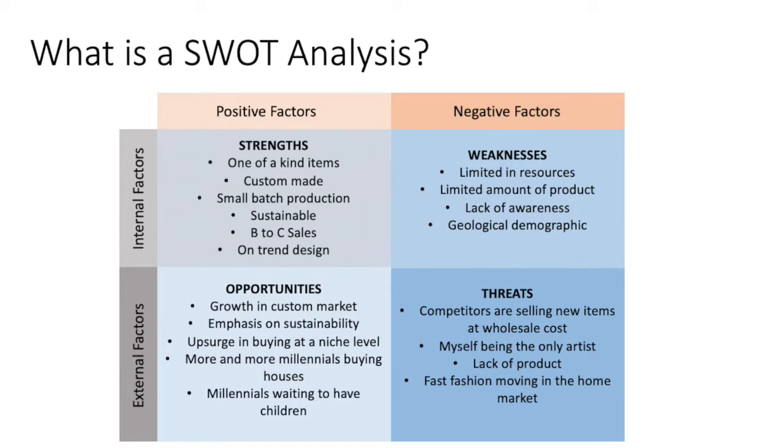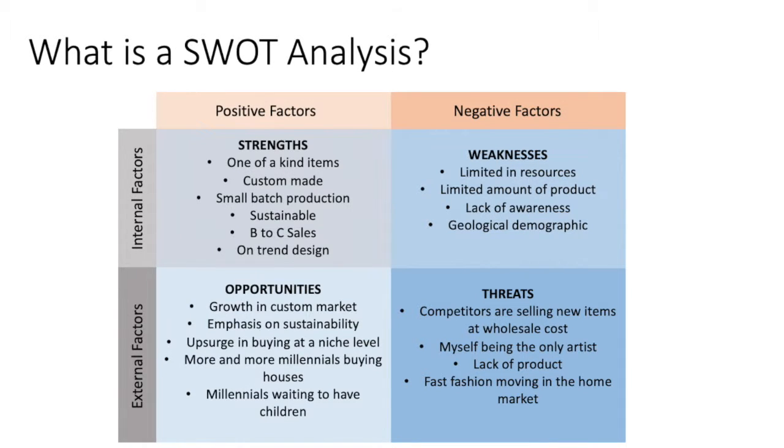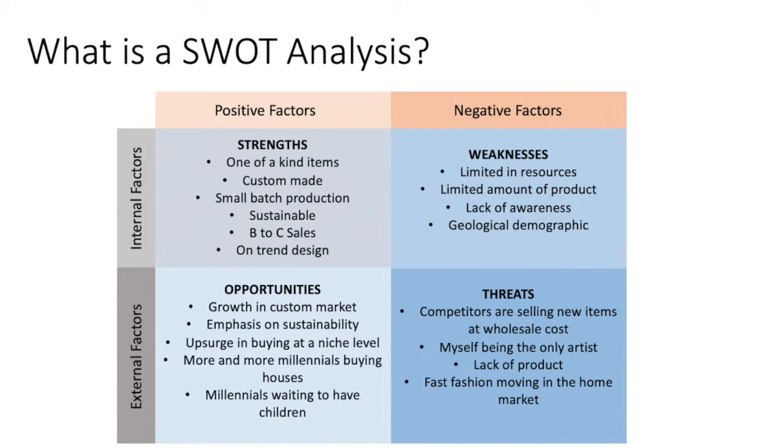So there's an upsurge in buying at a niche level. For example, in the sock market, companies like Nike, who also sell apparel, footwear, everything, their sock stock is dropping, whereas niche sock companies such as Feetures or Balega are growing.